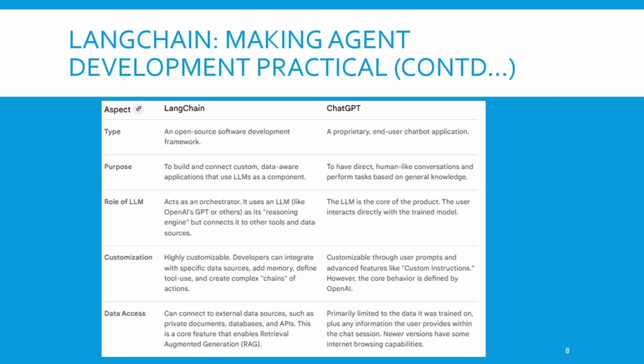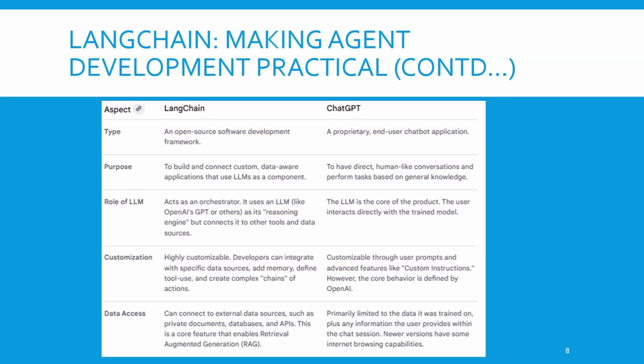Then for data access, LangChain can connect to external data sources such as private documents, databases, and APIs. This is the core functionality which enables RAG, that is retrieval augmented generation. But RAG is not as such supported by ChatGPT.